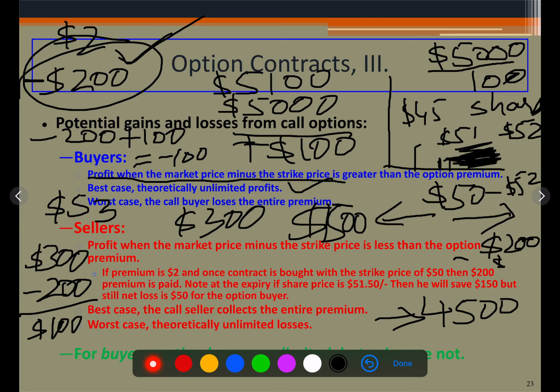It will definitely be below or at 50. That's why he is very confidently selling the contract, right? The buyer of the call option contract, based on his calculation, is very much certain that the prices will go above 50. Only in that case will he buy the call option contract. So they are taking opposite positions.